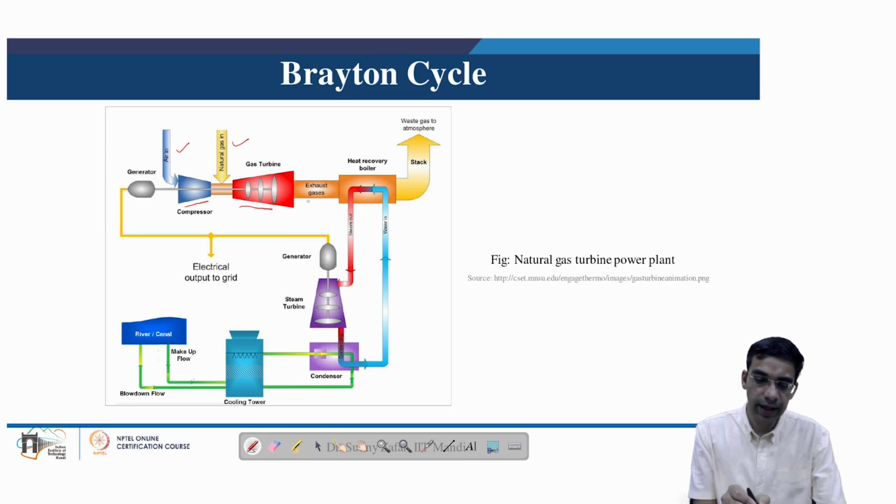Combustion takes place. Exhaust gases are then used in the heat recovery boiler to generate steam, which separately runs a steam turbine here. Whatever waste gas remains after heat recovery from the boiler is sent to the atmosphere. By using this tandem type of system, we are using a heat recovery system to further enhance the efficiency of the gas turbine.